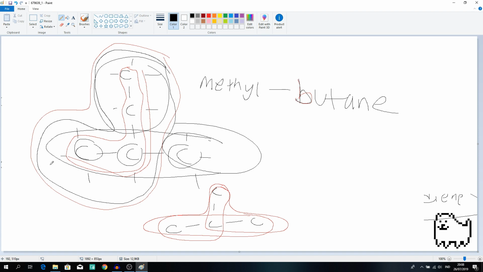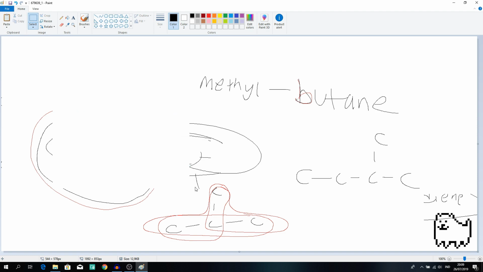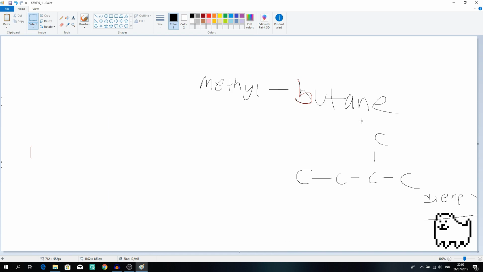So, let's try to draw this better so we can work with the numbers. So, butane is just 4, and it should be somewhere here. So just notice that you can rearrange the earlier structure into this structure, which is more easily understandable.